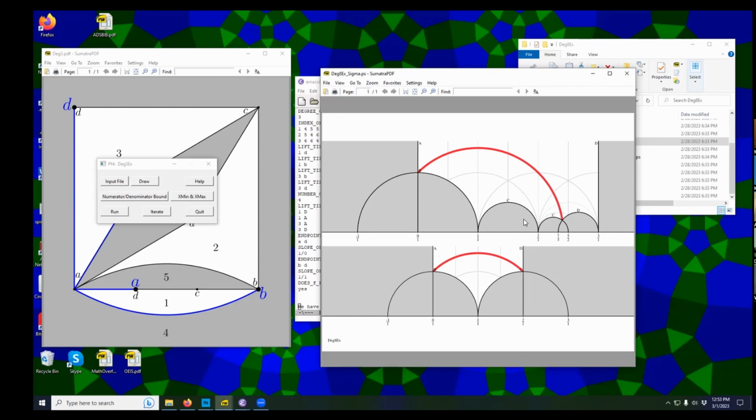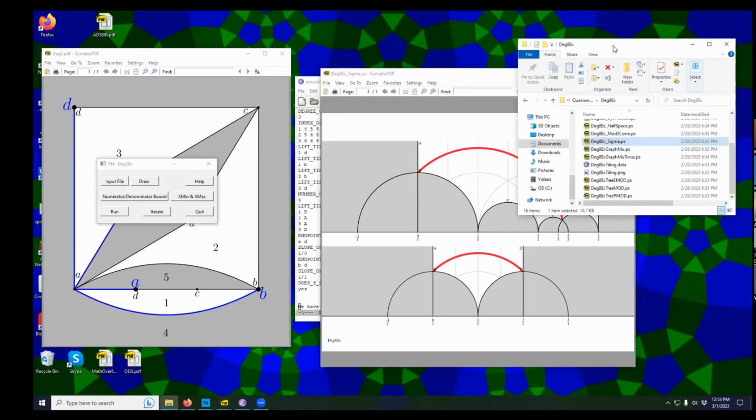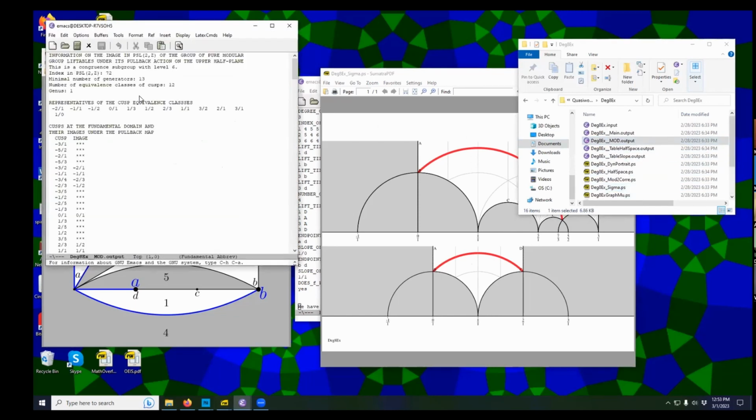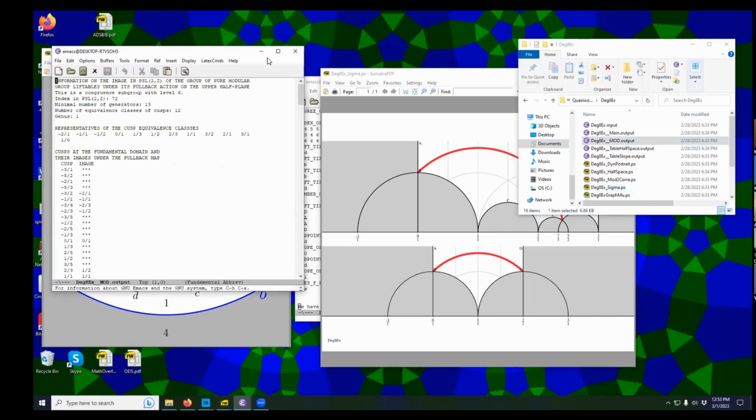Remarkable fact. This is the Euclidean semicircle with radius square root of 2 centered at 1, which we can see by looking at this file.